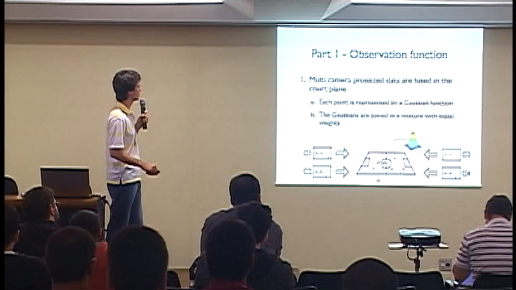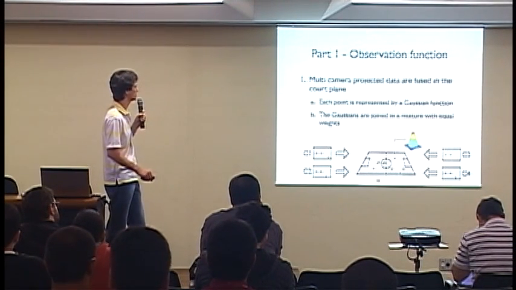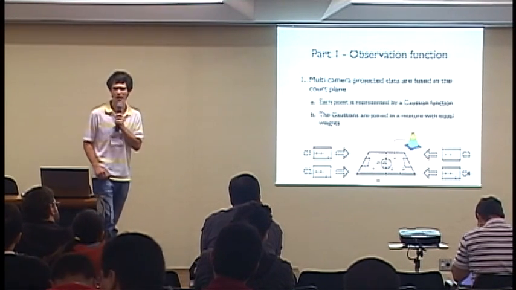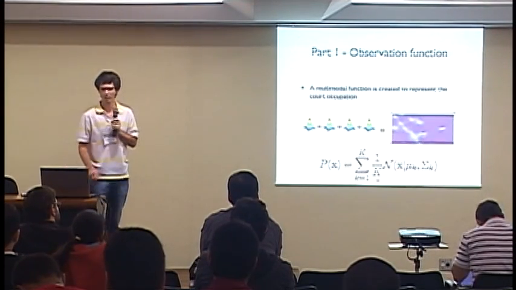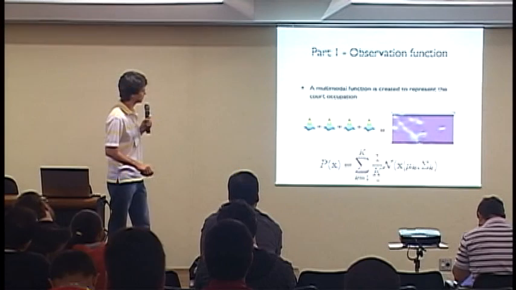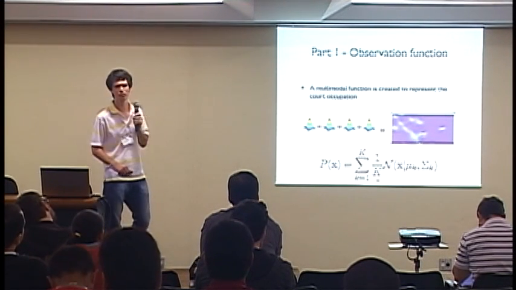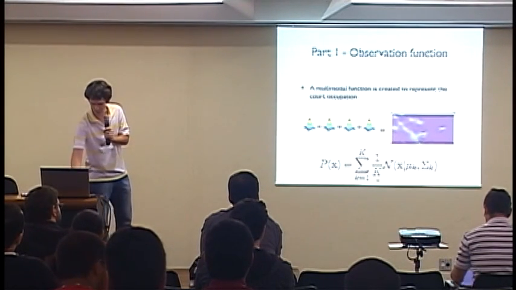So we train parameters for each camera to replace each projected point with a Gaussian function. This set of Gaussians is fused with a mixture of Gaussians with the same width, and we have a multimodal function to represent the court occupation in this frame.